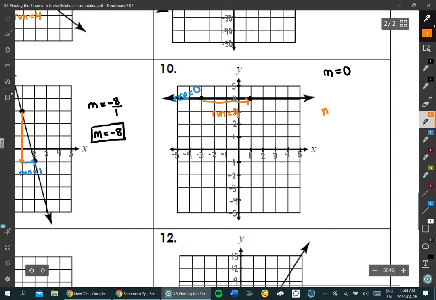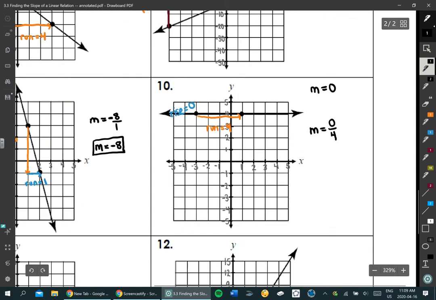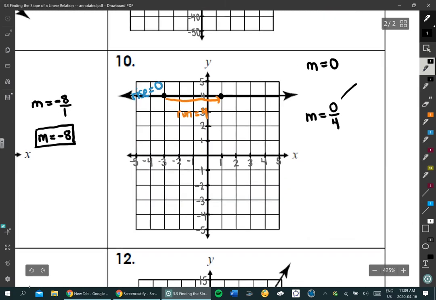So let's see what happens. M is equal to 0 over 4. This time, 0 is on the top of the fraction. We're allowed to take 0 and divide it by a number. This will give us 0. Regardless of what that number is, we're always going to get 0. 0 divided by anything gives us 0.